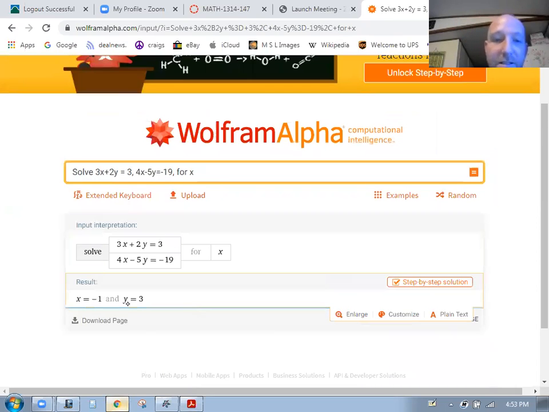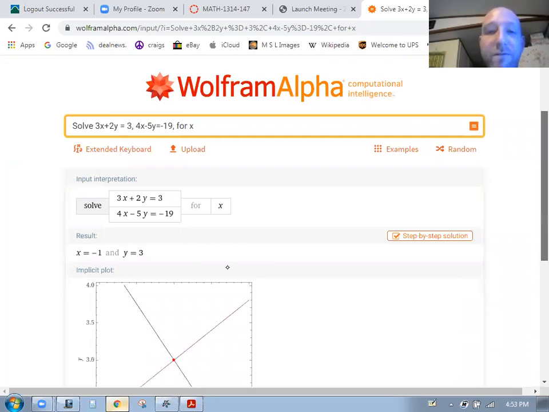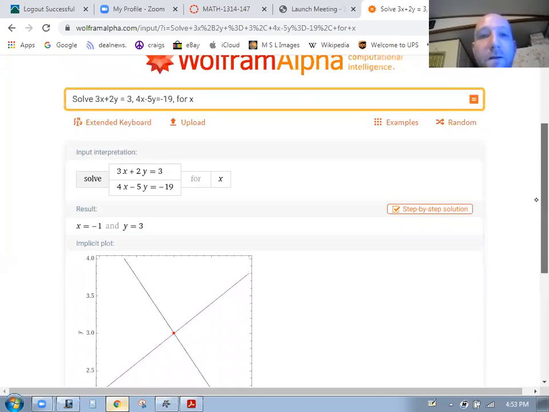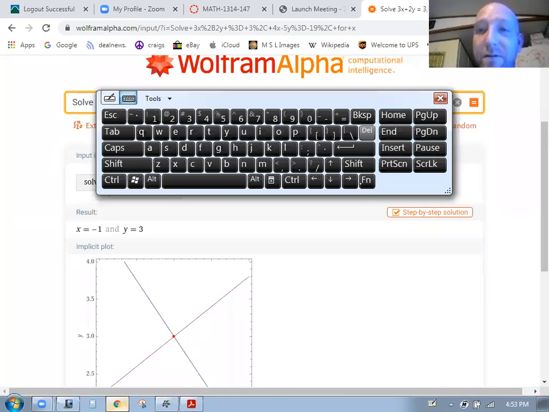Check it out. It actually worked. Negative 1 and 3. They even graphed the lines for us. Boom. Right there where they intersect. Negative 1 and 3. So again, I just said solve, put the 2 equations with a comma, and then said for x. All right? It told me x and y, though. I could have probably left out the 4x.